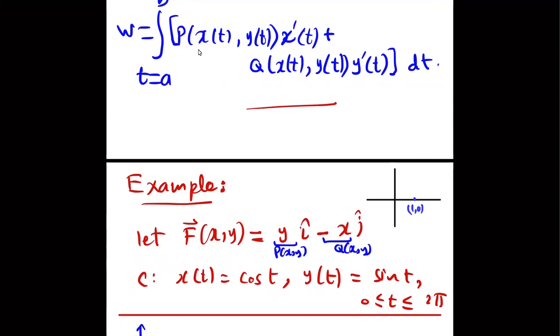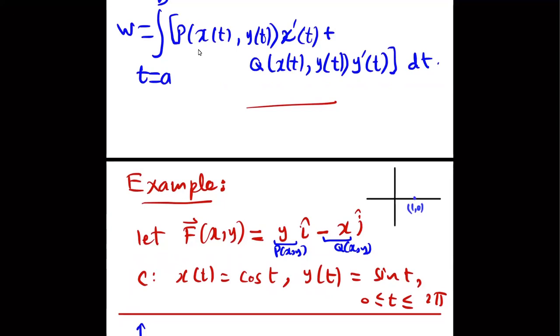So the input is the vector (1, 0), or x is 1 and y is 0, and the output is this vector. So f of (1, 0) is the vector. This function brings the y in the direction of i and minus x in the direction of j. So it gives this 0 here and takes this 1 here and makes a negative sign. So it gives minus 1. So it is the vector (0, -1).